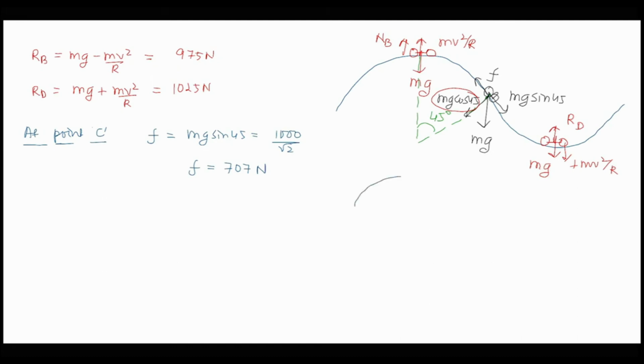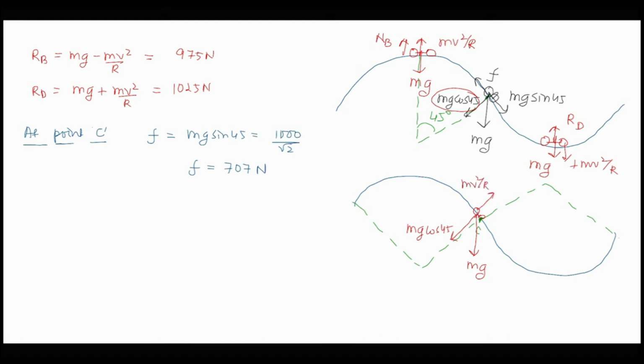So if we again consider this curvature over here, this is point C which we are referring to. Just before point C, that is somewhere here, the weight is in this direction and the component of weight is in the inward direction, which is equal to mg cos 45, and mv square by r is acting like this.